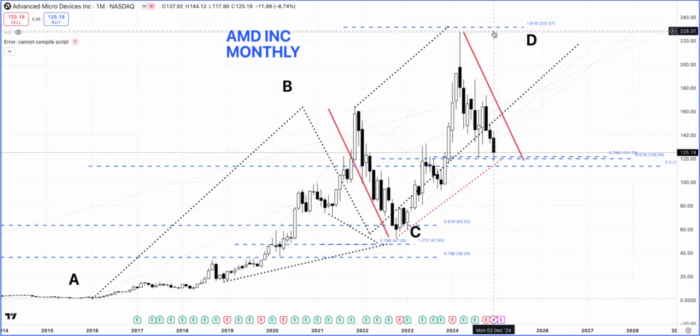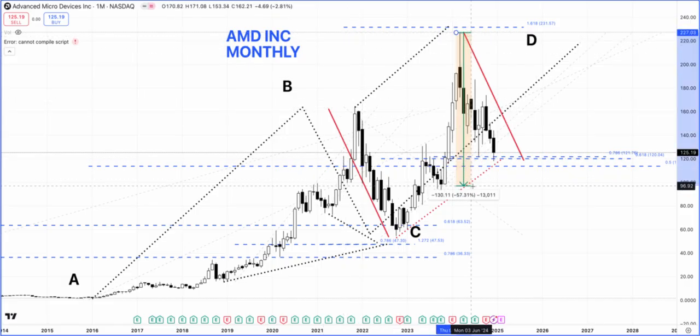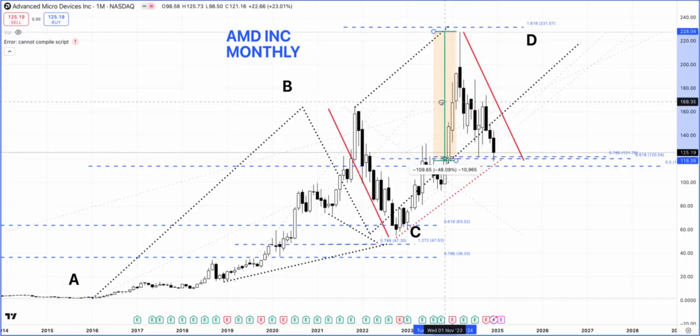The market went slightly above there, very close to the 1.618 expansion of this BC swing, and we have seen a pretty large correction. If we were to just take this tool and look at how far this market has come, it has come down about 48%.